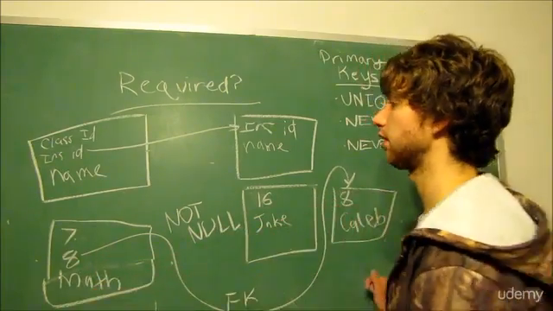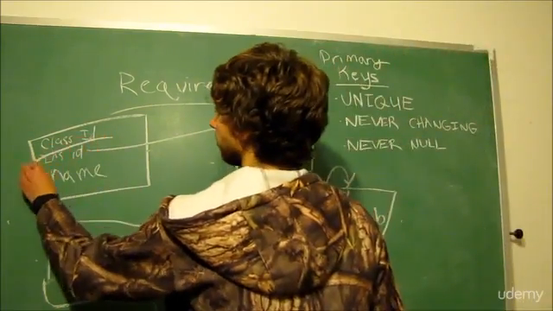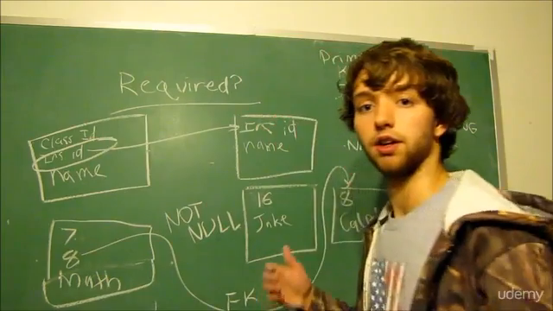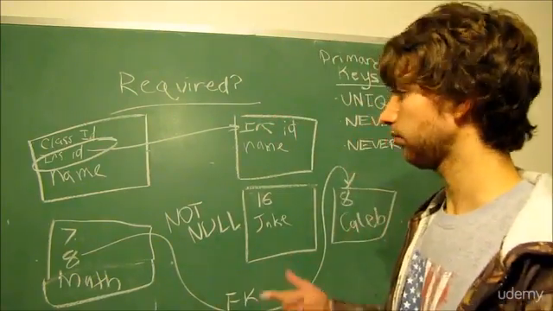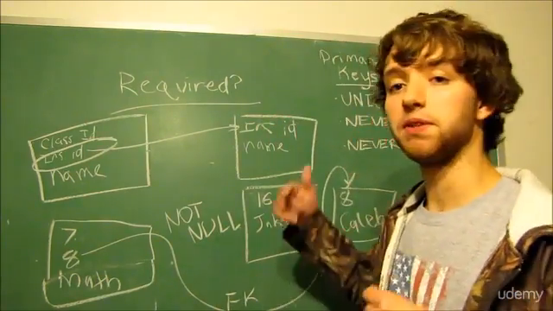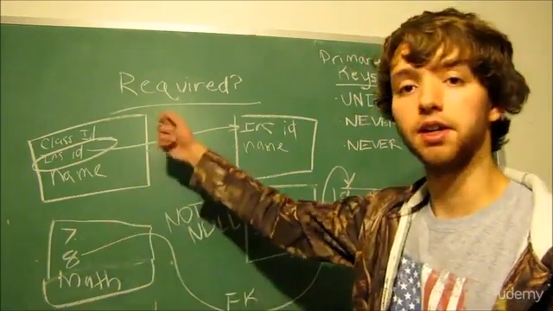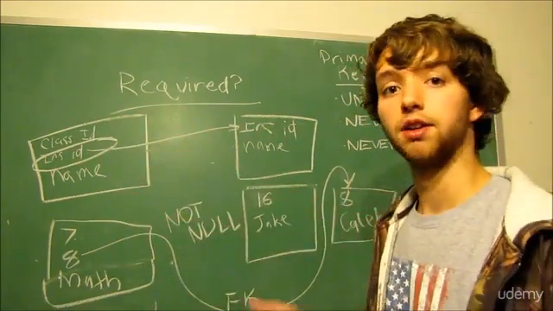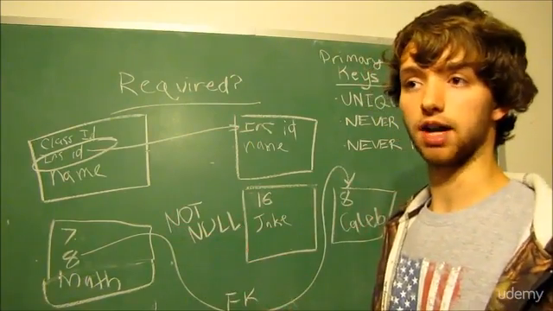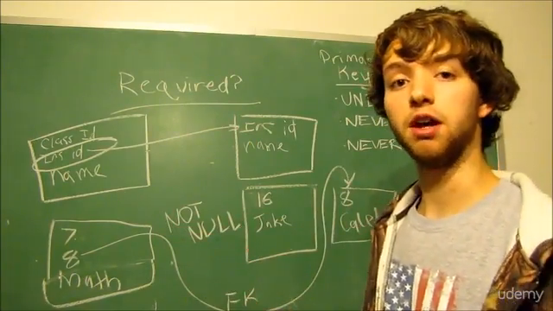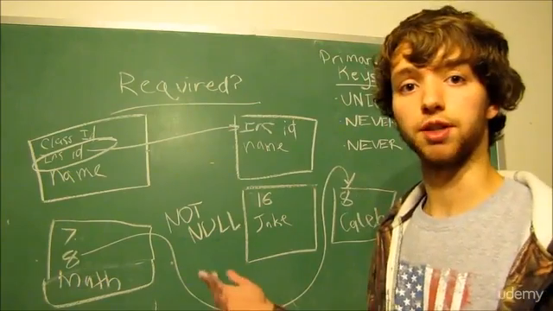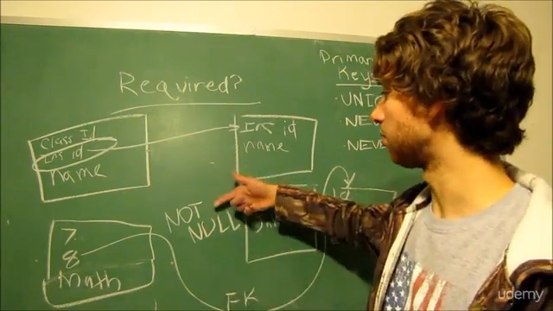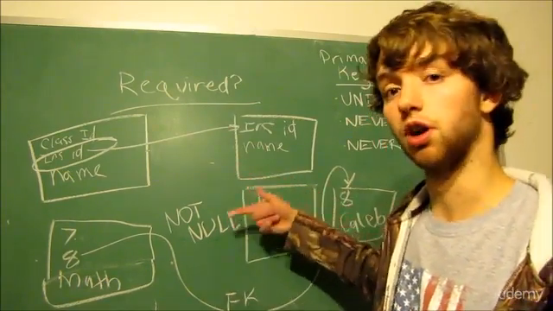That means every single value for instructor ID is required. What does that get rid of? That means it's impossible to put a class in this table that does not have an instructor ID. That could cause a problem if you have a class created but you don't have an instructor yet, or if the instructor drops out and you have to find a new one. So this one might be a bad time to use not null.